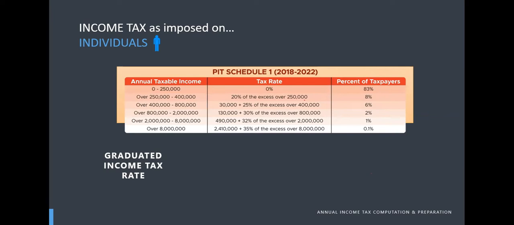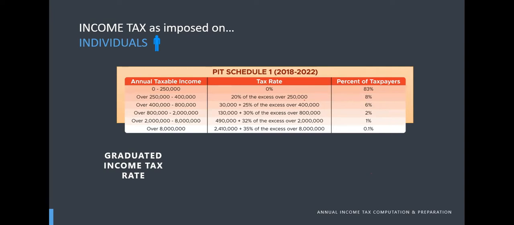Those who are over 8 million pesos will have a tax due of 2,410,000 plus 35% of the excess over the 8 million. So that's the taxable amount minus 8 million, multiplied by the 35% tax rate.